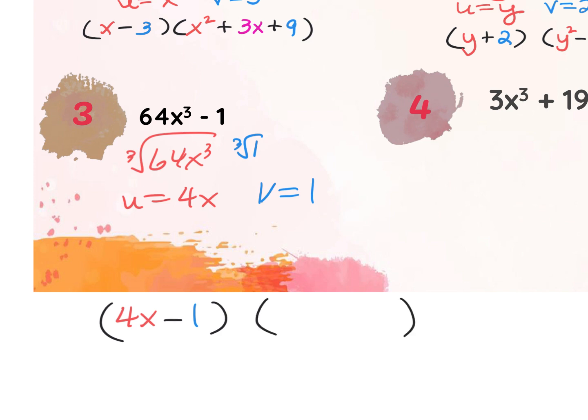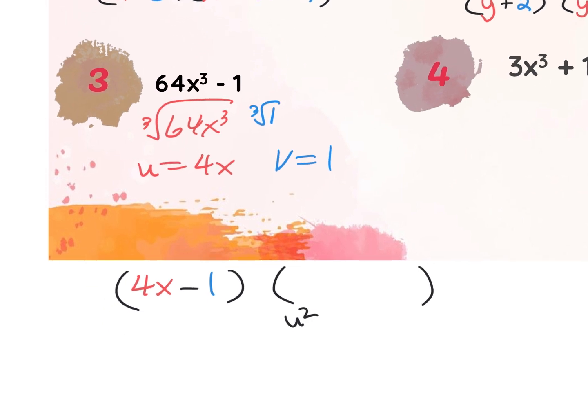Now remember, in the trinomial, what we're putting here is u squared. And remember, your u was 4x. So I need to square the 4 and the x. So what's going in here is 16x squared. And then the next term is going to be the u times v. So what we're doing here is 4x times 1.